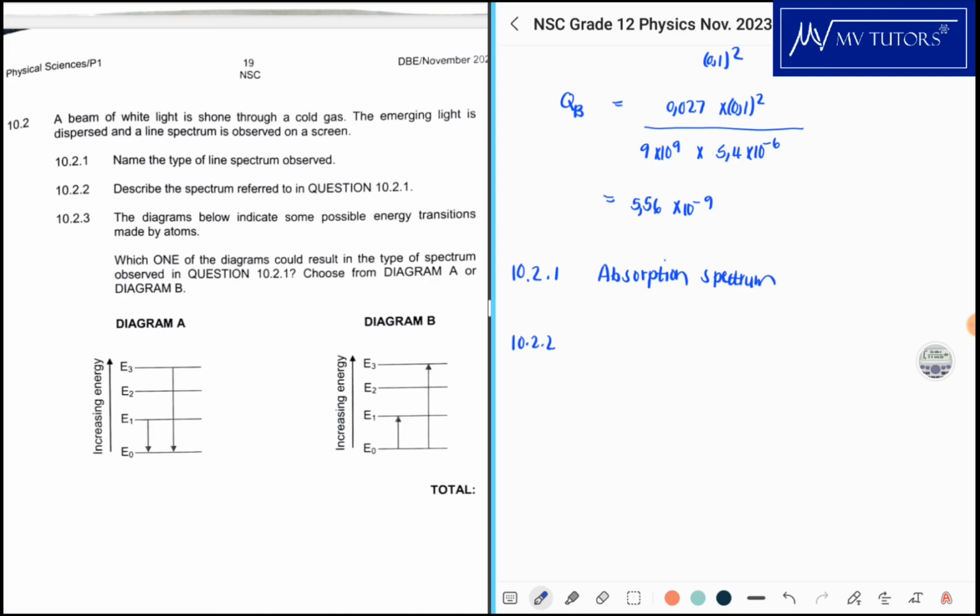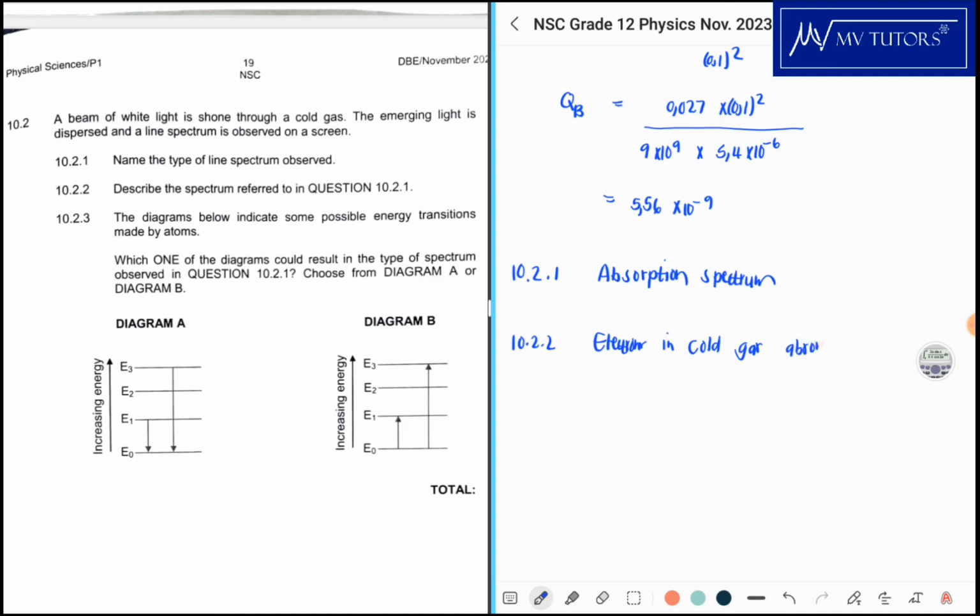So while you pass white light through the cold gas, the electrons in the cold gas absorb the energy of some of the frequencies of the light.